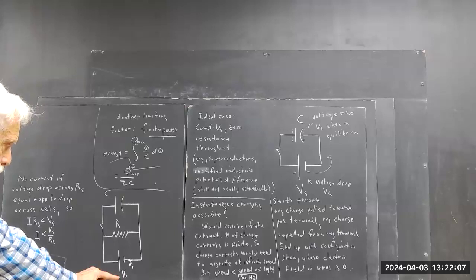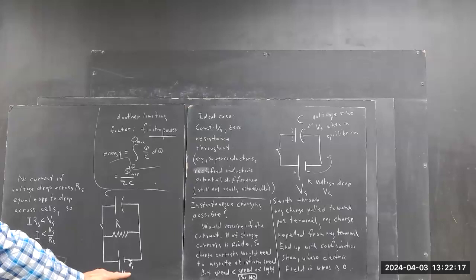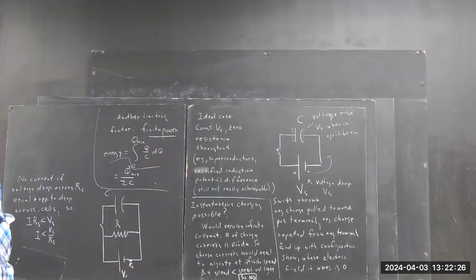Well, anyhow, it's more complicated than just a simple RC circuit when you have a source resistance. That includes when you charge a real capacitor. It includes when we charge capacitors here.